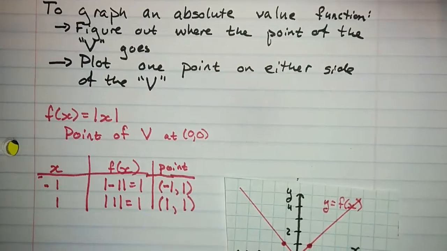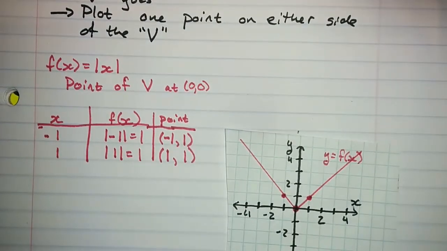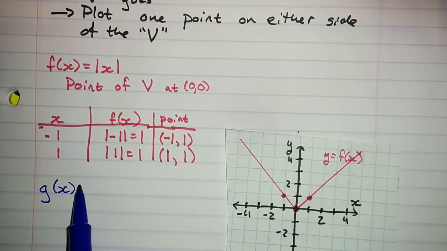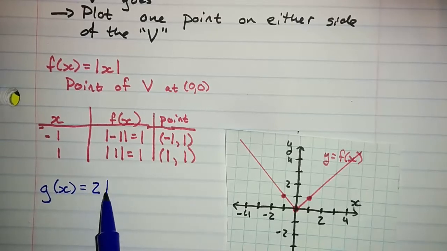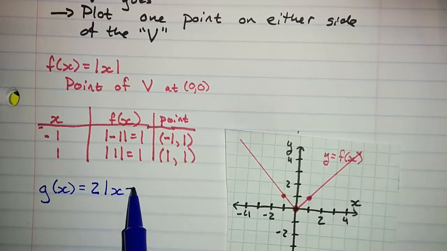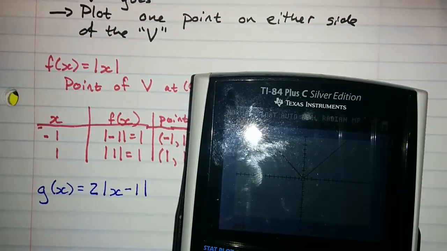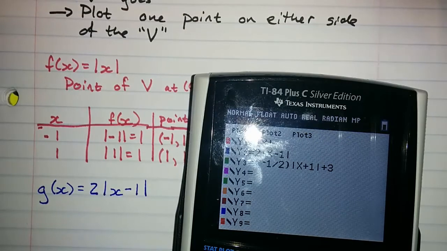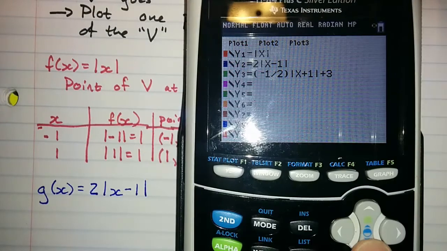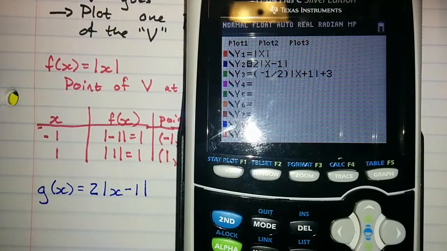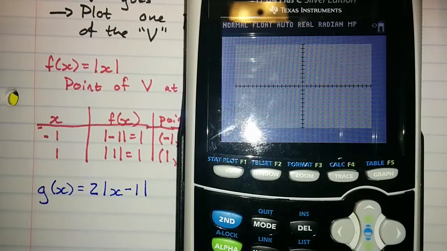Let's try this again. I've got g of x is 2 times the absolute value of x minus 1. Again, back to the calculator, but this time I'm going to turn off y1, which was f, and turn on y2, which was g. We'll graph again.